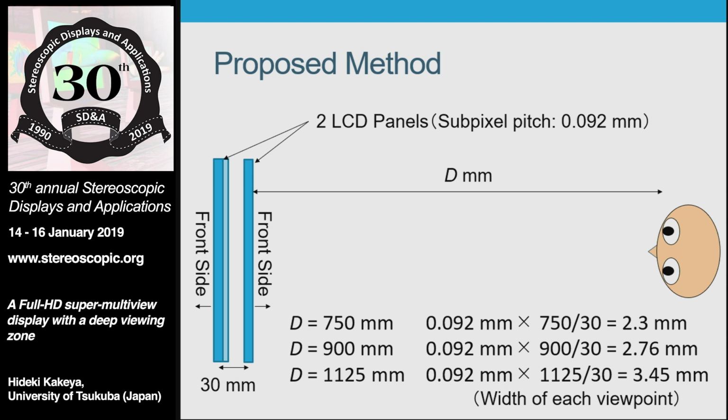This is when the viewer is close, and it's a triangle again, based on the similarity of triangles. This is the case I explained in the previous slide. When the viewer goes farther, the viewing zone for each subpixel becomes wider. It's quite simple geometry.